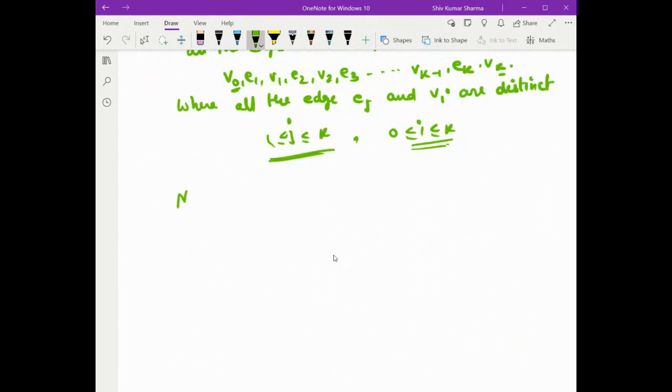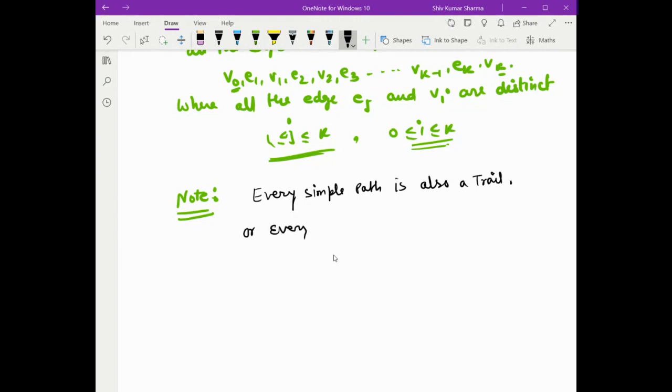In the note we can write: every simple path is also a trail. Every trail is a simple path. This is correct, or we can write every trail is a simple path. Is this correct?